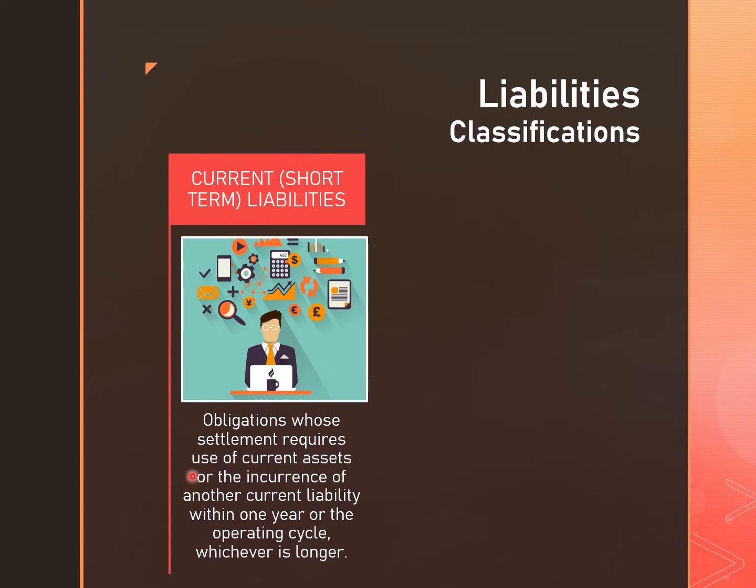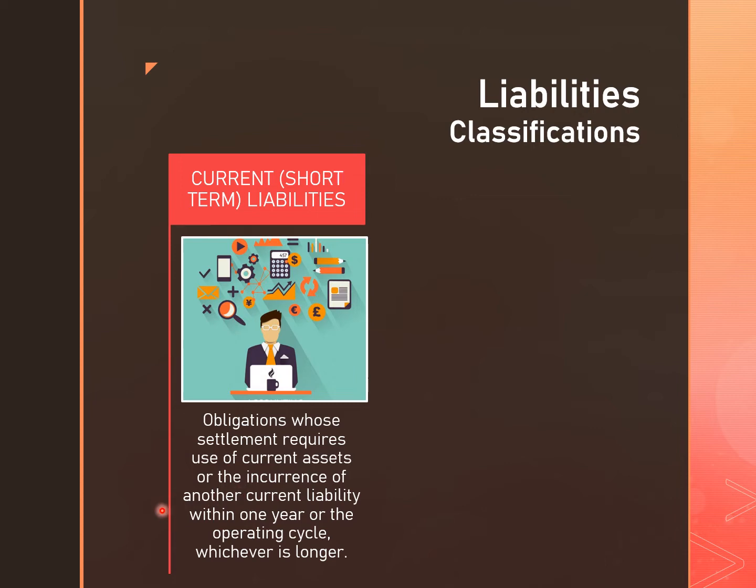So, what does it mean by settlement using current assets? If you have a liability, let's say you ada hutang dengan orang, you gunakan cash untuk bayarkan the hutang. So, you gunakan current asset. Or, you can settle your debt kalau you pergi berhutang pula dengan orang lain untuk bayar hutang.